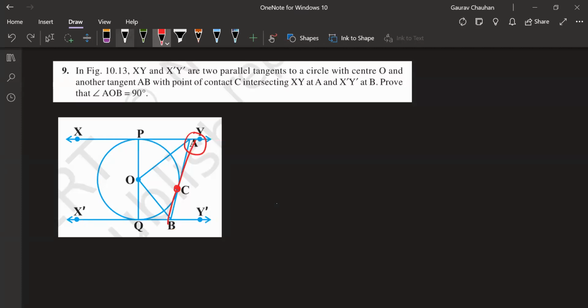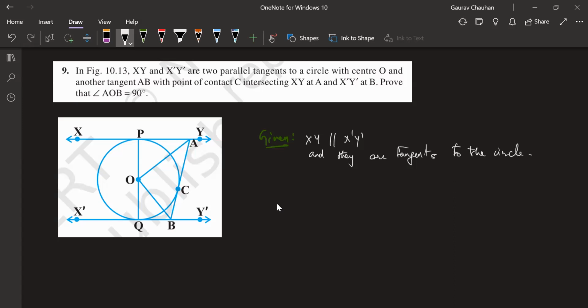So let's write down what's given and break this down. Given is XY is parallel to X'Y', and they are tangents to the circle. That's one thing.